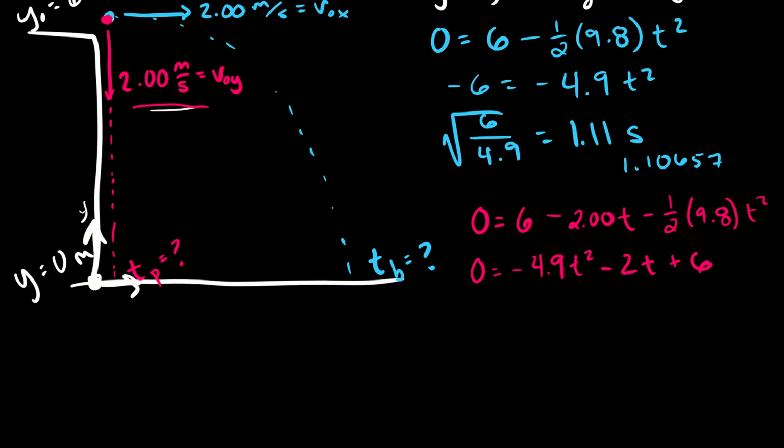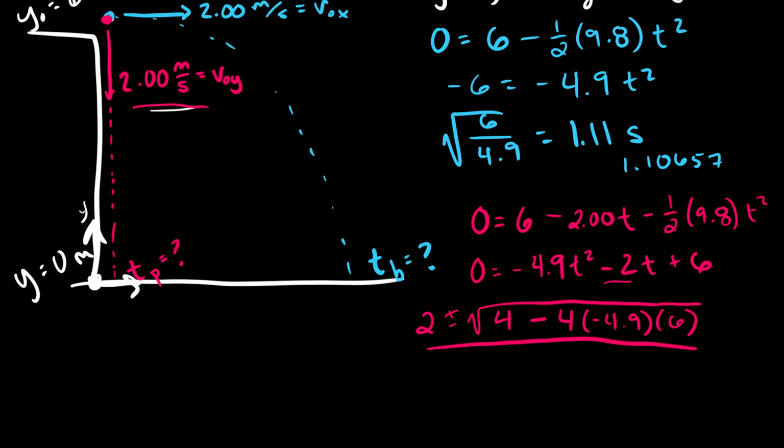Plugging into my quadratic formula, negative b, which is going to be a positive 2 because our b term was negative here, plus or minus the square root of b squared, which is 4, minus 4AC, so minus 4 times negative 4.9 times 6, all over 2 times negative 4.9, which is just negative 9.8.